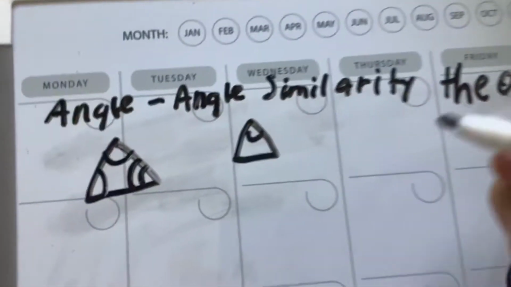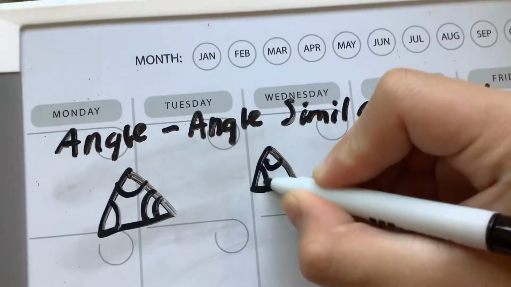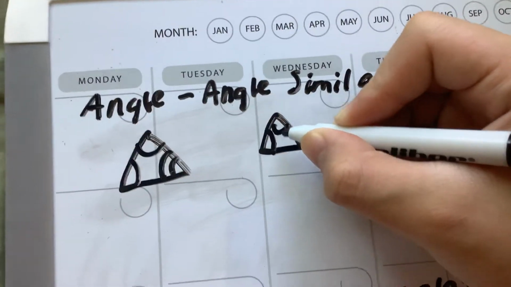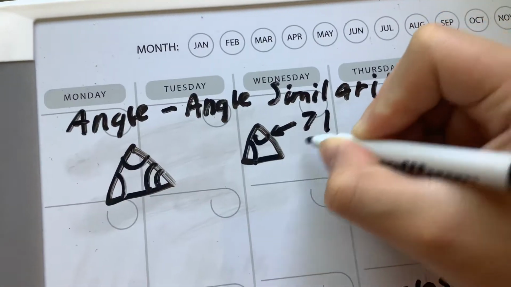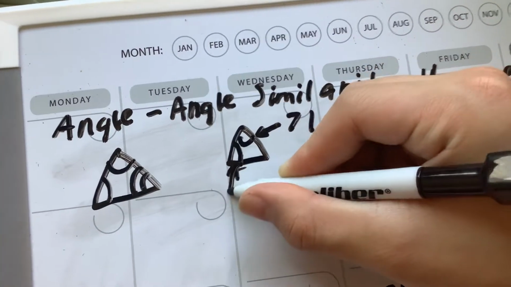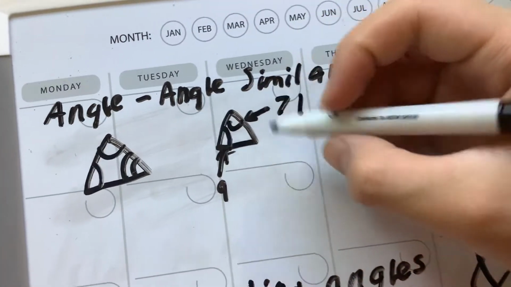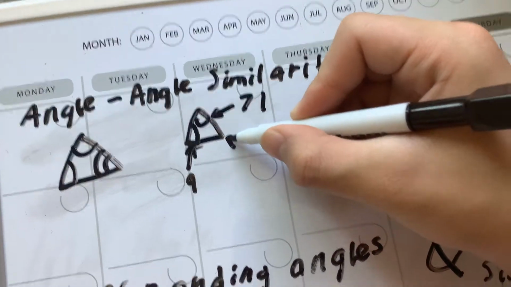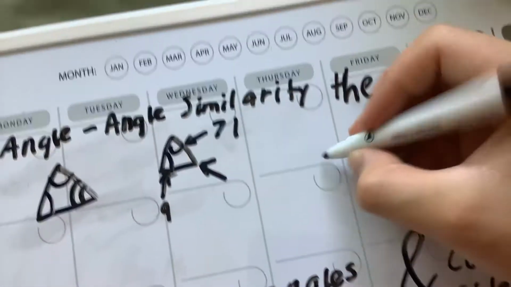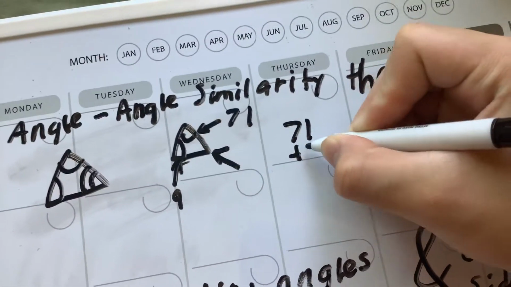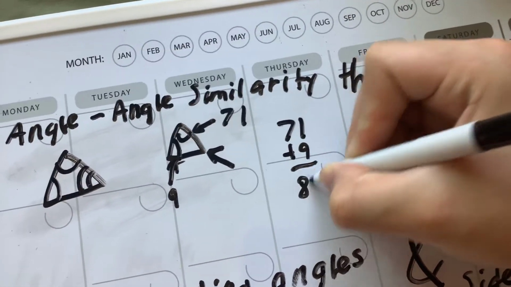You might have already known this, but 8th grade. So, pretend this side is 71. Pretend this side is 9. Now, with reasoning of this similarity theorem, you'd add 71 plus 9, you get 80.